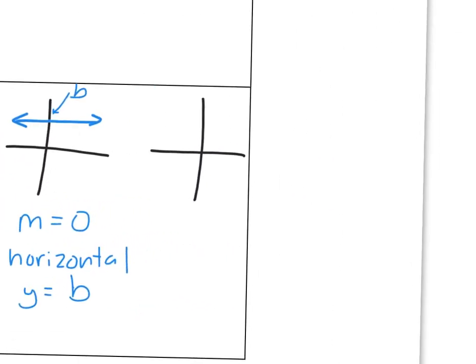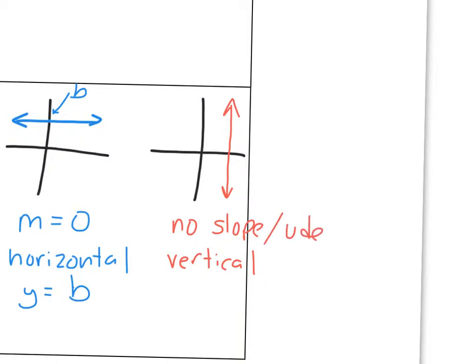And the last type of slope we have is this one here. It's where I have a vertical line. And this one is actually called no slope. Another way of saying that is undefined. And let me spell correctly. Undefined.